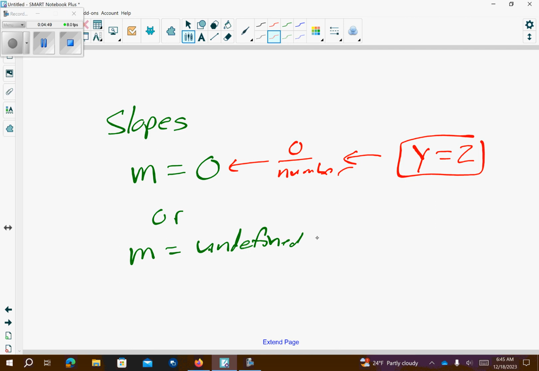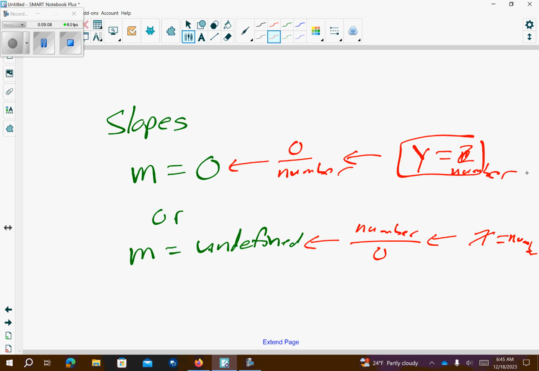If you got undefined, which means you have a number on top divided by 0 underneath, this is just going to shortcut to x equals some number.